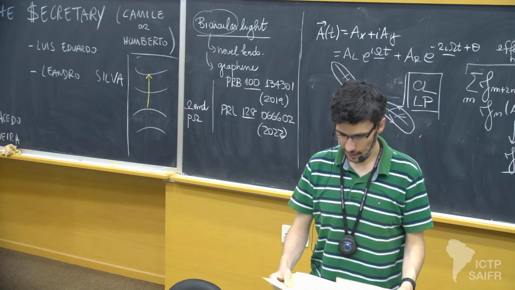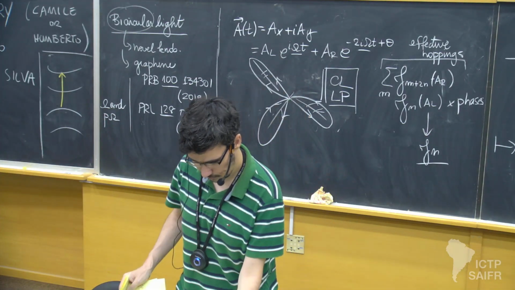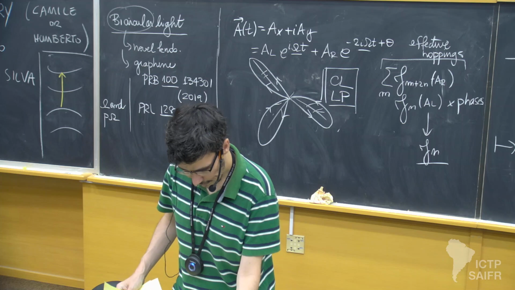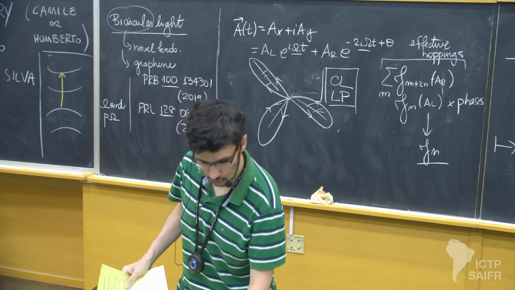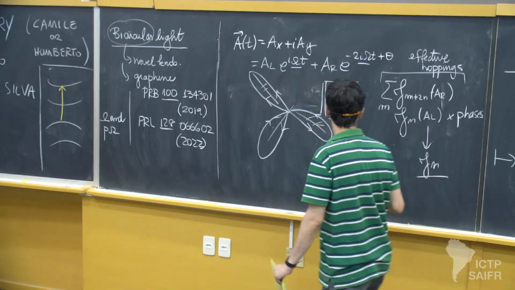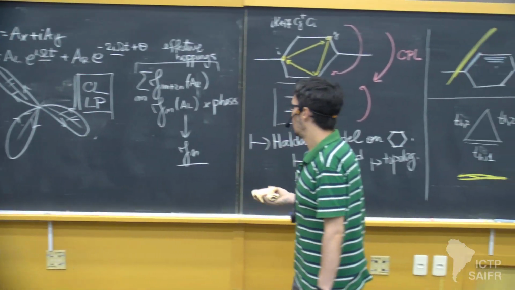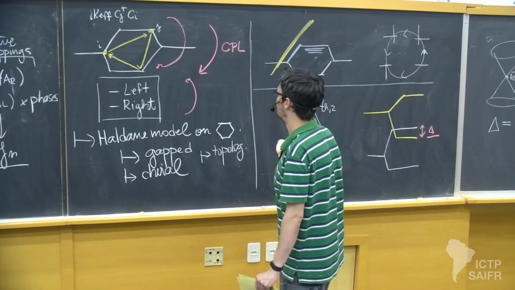Okay, let me briefly introduce you to another non-interacting model so that tomorrow we can have the entire lecture about interactions, about strongly correlated phases. So the next one is in principle simpler than graphene, but I think graphene is simpler actually.